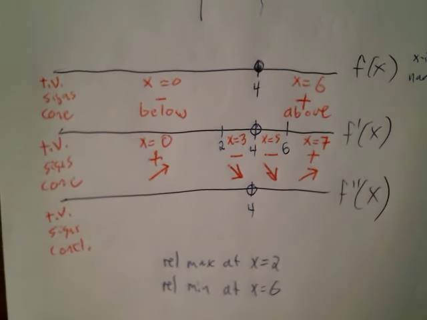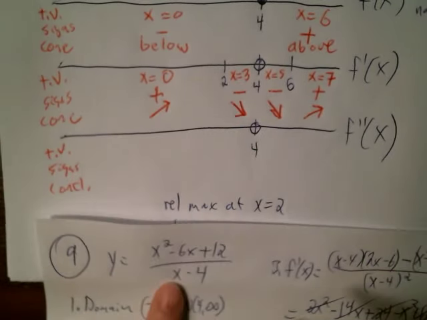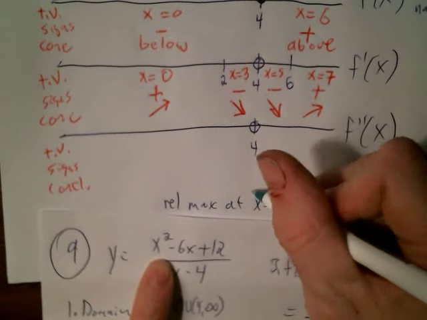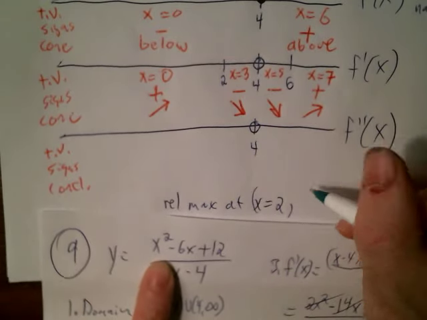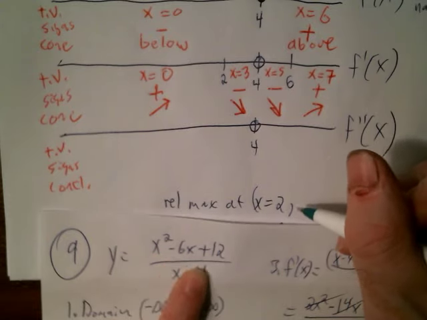I'm not sure what those values are. You can just put them back into the original function to get that answer. So if I put 2 into this thing, I would get 4 minus 12 plus 12.